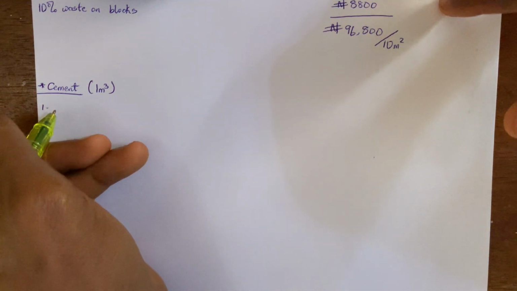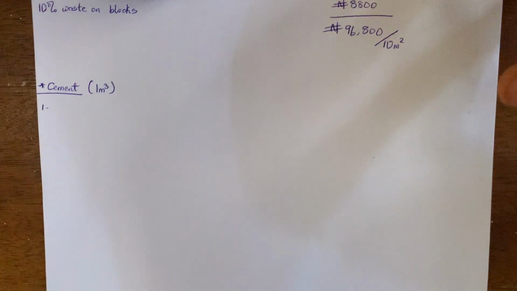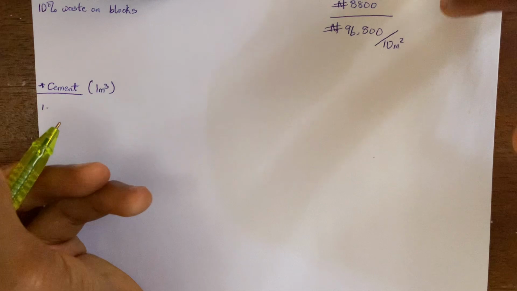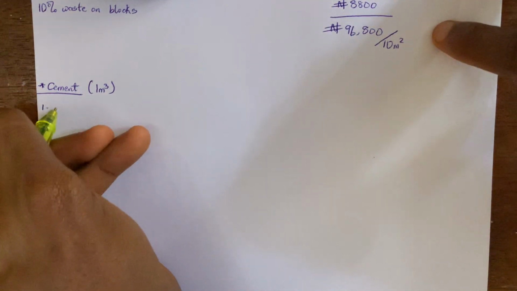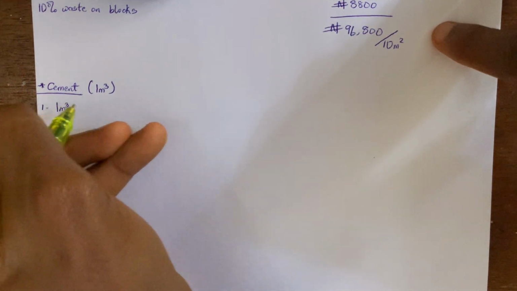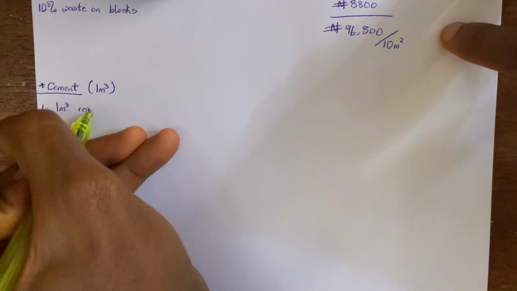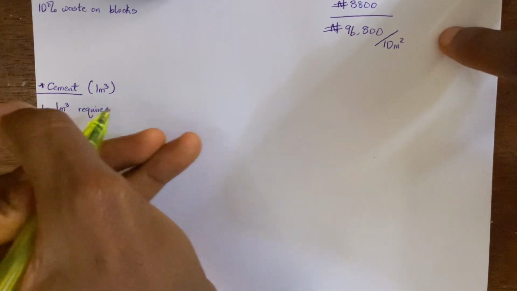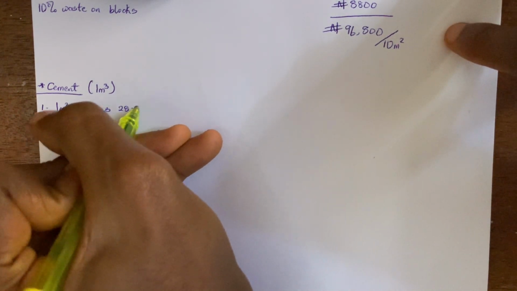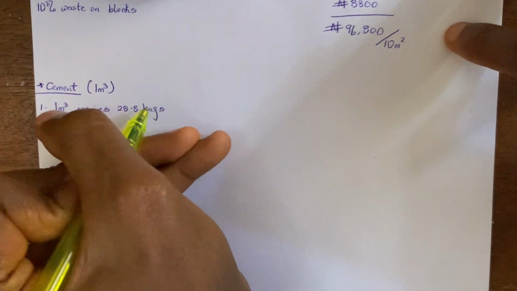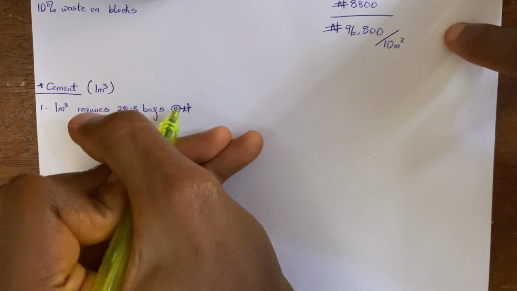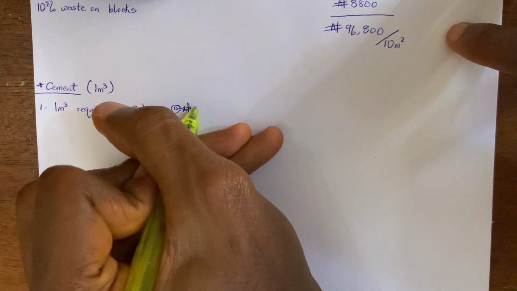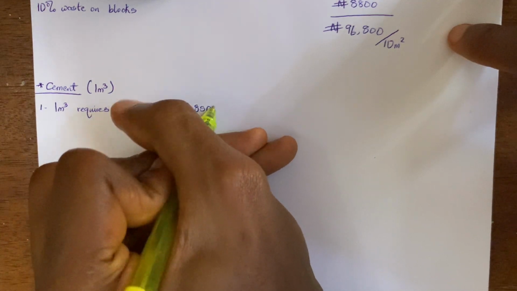This should not be new to us because we have been building up our rates for cement right from when we started our concrete. So we'll now say 1 meter cube of cement requires 28.8 bags at 8,500 naira per bag.